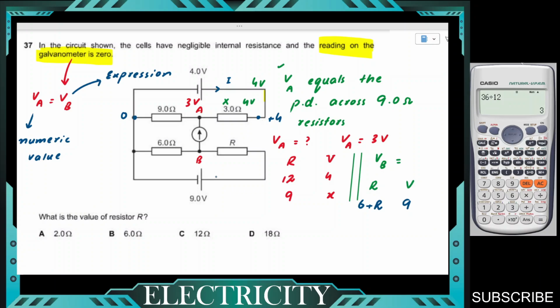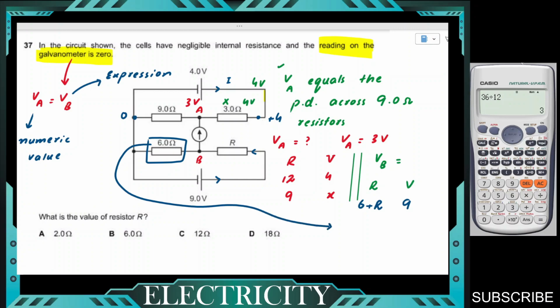You see, if you follow the direction of the current, the voltage at B would simply be the potential difference across the 6 ohm resistor. Otherwise, if you go from the other side, you can also find the potential at B, but then you have to subtract the voltage you get on this one from 9 volts to find the remaining voltage, or just simplify the voltage across this 6 ohm.